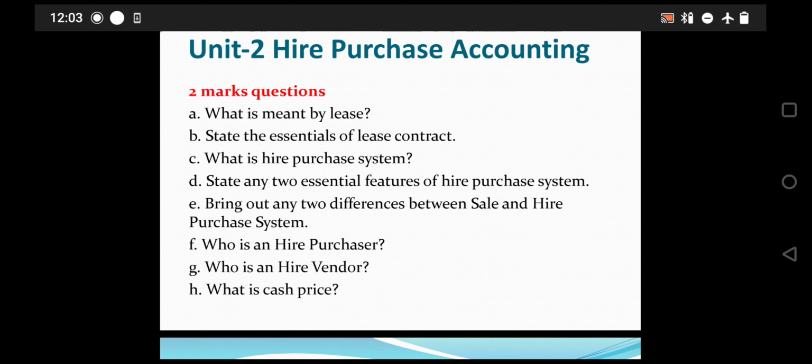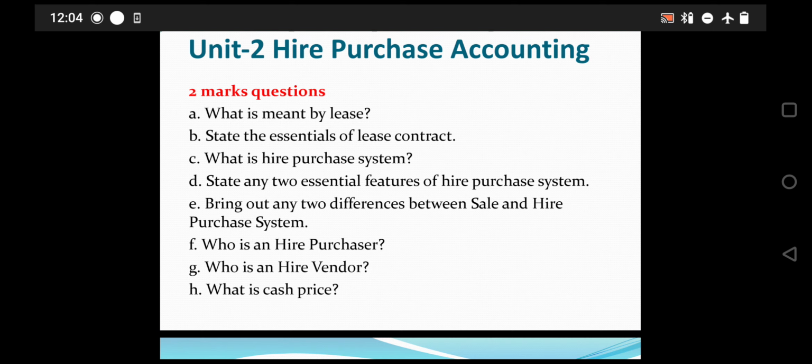And the second essential feature is that this is an agreement where 2 parties will be involved, which I already told you, where one person is a seller and another person is a buyer. Another essential feature is that the payment made by the hire purchaser to the hire vendor will always be in installments. It is not at one time.